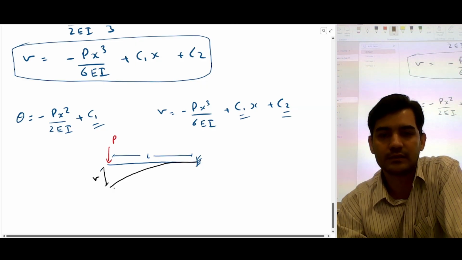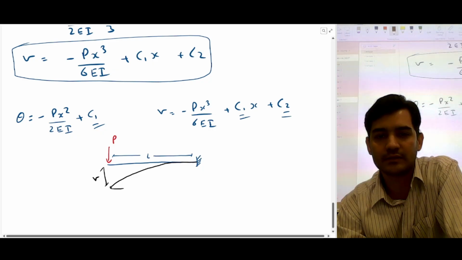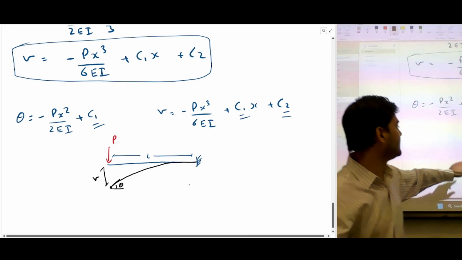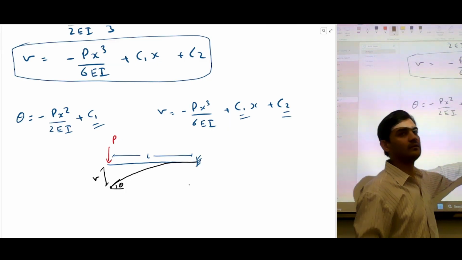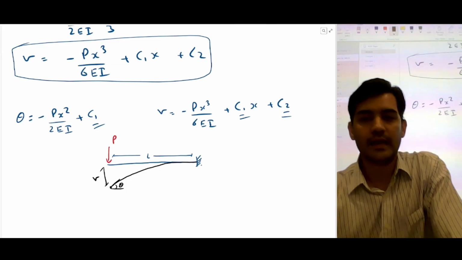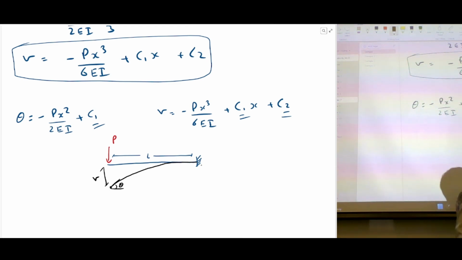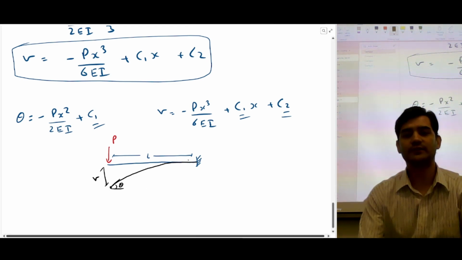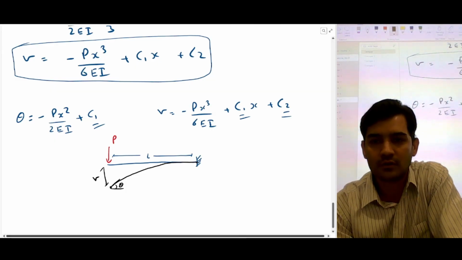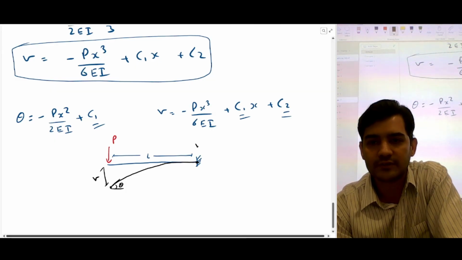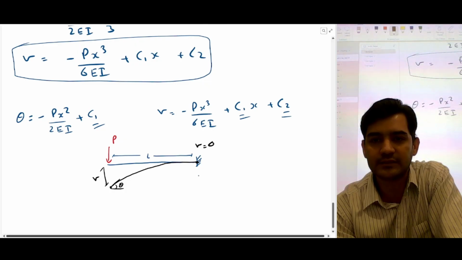This is the displacement. This is the bending angle. These are the two things which we are trying to calculate. And we also know these values at the boundary condition. So at the fixed support, we know displacement is 0 and bending angle is also 0.